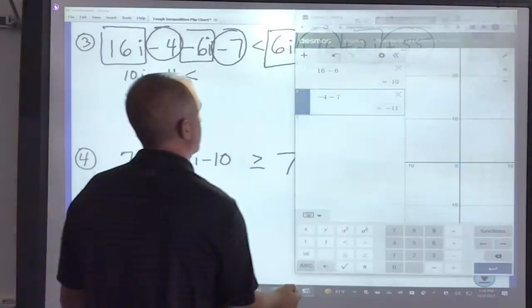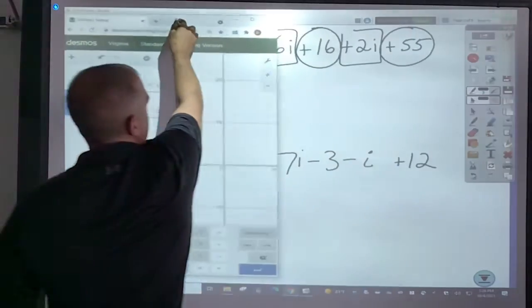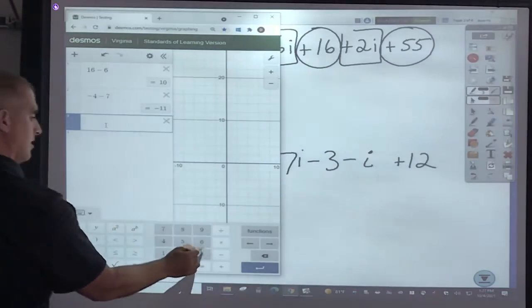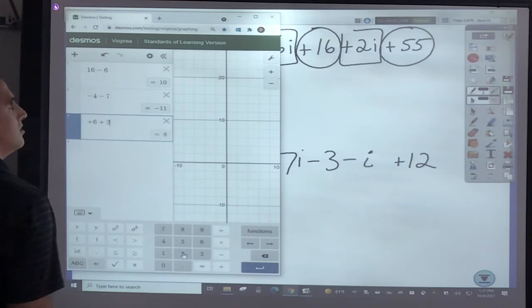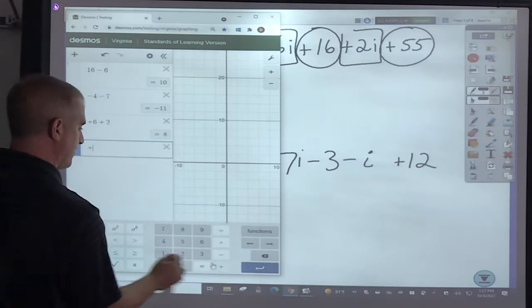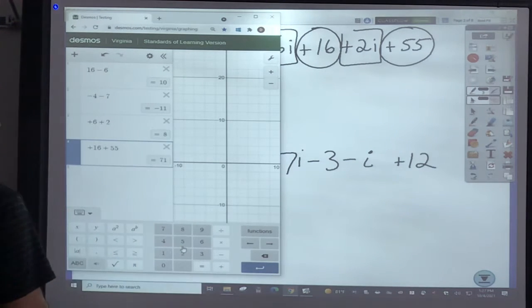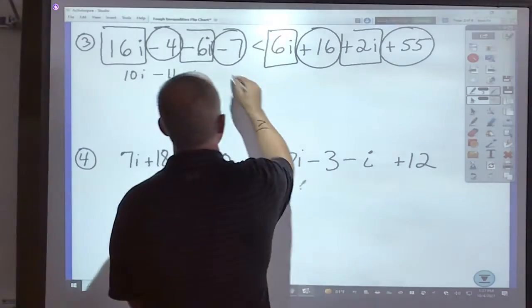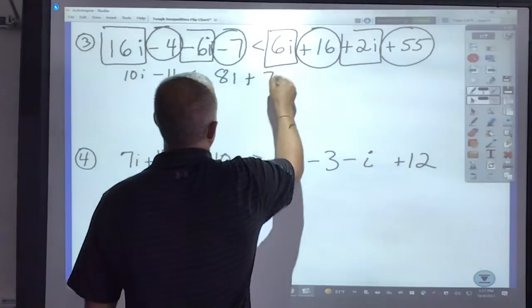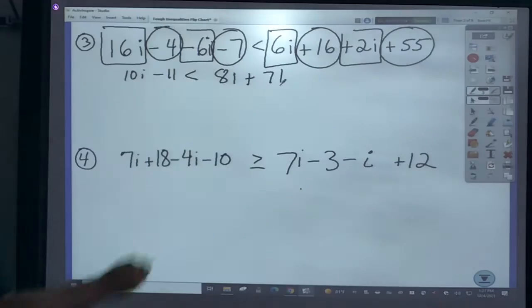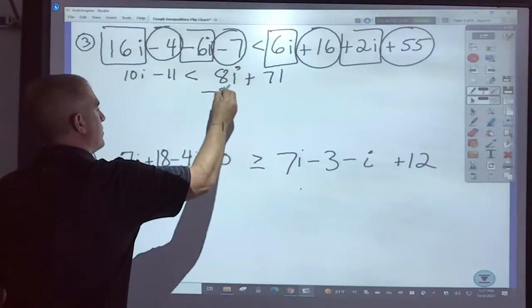I'm going to go ahead and go to this one now. I got positive 6 plus 2, and I got positive 16 plus 55. So I got 8i and I got 71. What I want to do is move this variable.